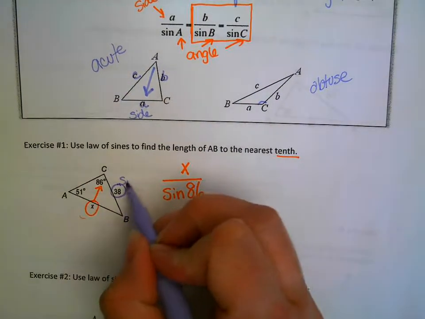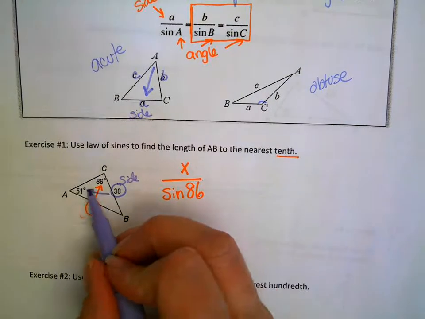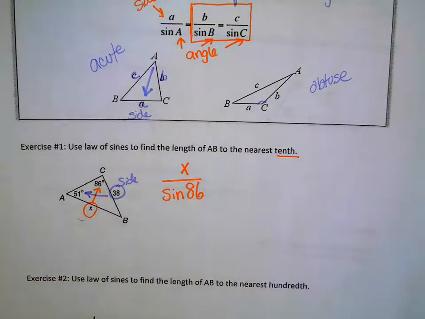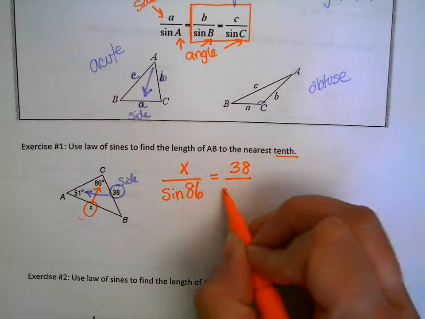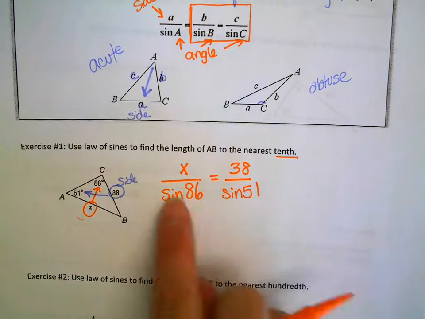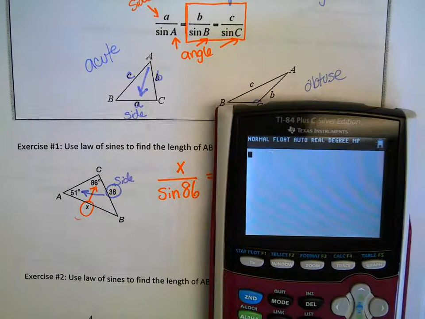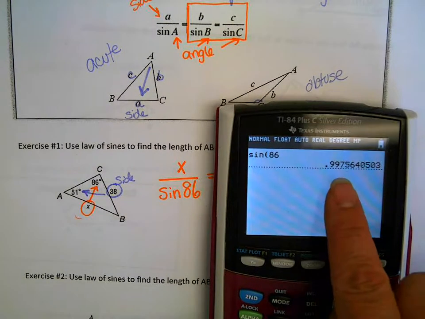Again, that goes up in our numerator, and that is opposite the 51 degree angle. So that's going to equal 38 over sine of 51. And remember, sine of 86 is some decimal value; the calculator says it's 0.99756.